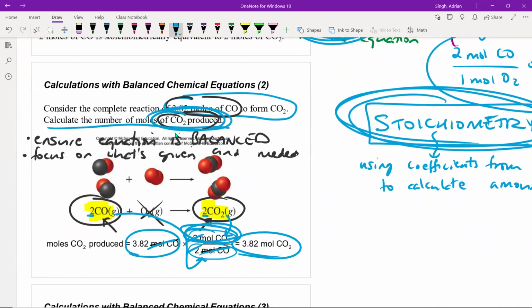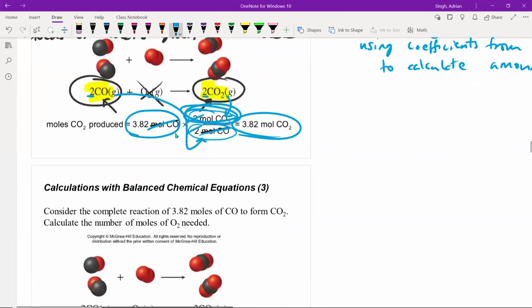And in a nutshell, that is what stoichiometry is going to involve. Okay, that's the central part to every single stoichiometric problem: that mole to mole ratio. So let's write that because that's really, really important.